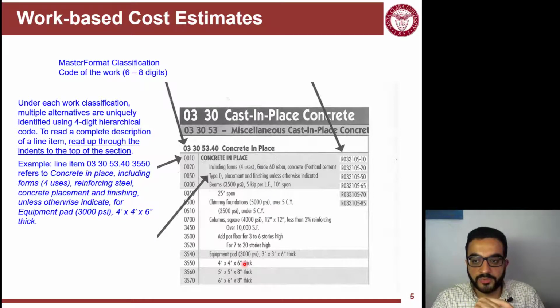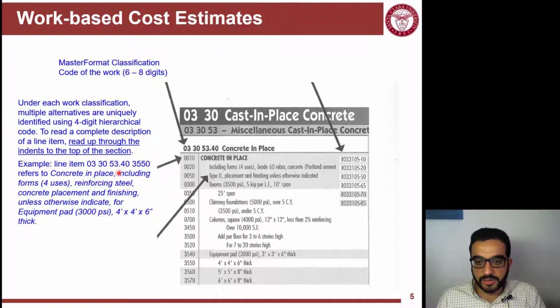And it's up to the estimator to make sure to pick the right line, because every one of these lines can be applicable, but you pick the best line that matches your project. But the way to read these lines is you read it from the bottom up. So you read it in an upward way. You actually read it backward, kind of.